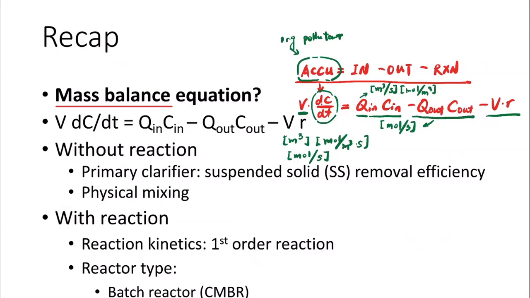And then finally, regarding the reaction term, it's going to be meters cubed, and the reaction rate is mole per meters cubed per second. So what this means is that the unit is also going to be mole per second.